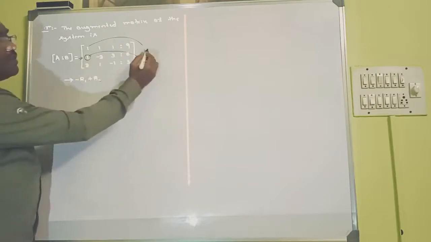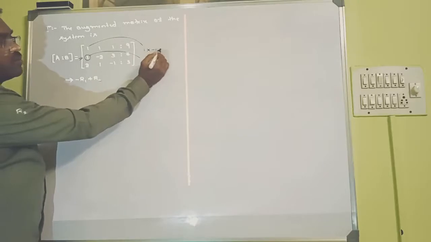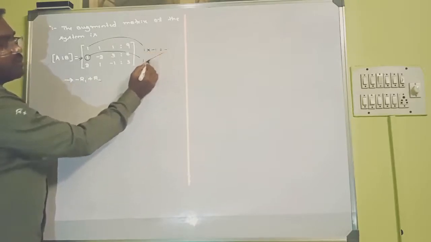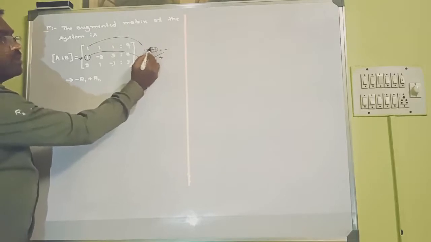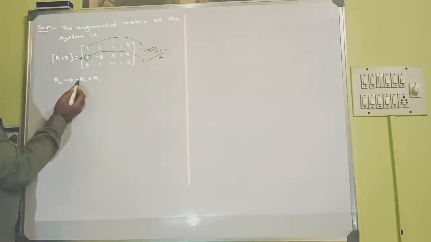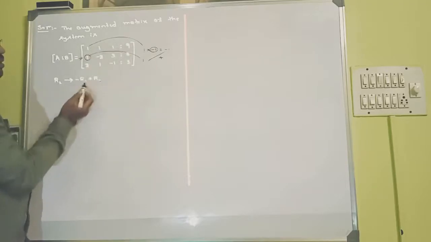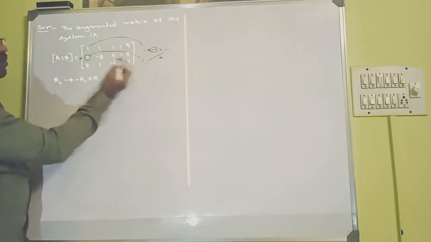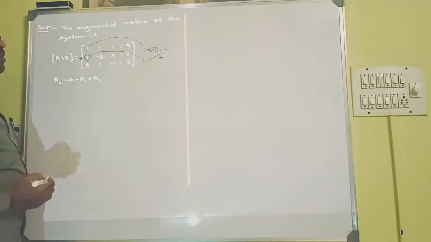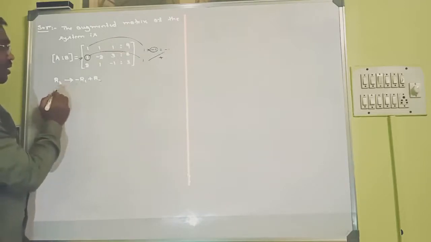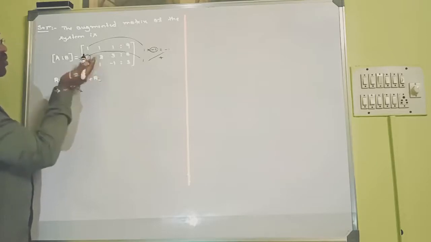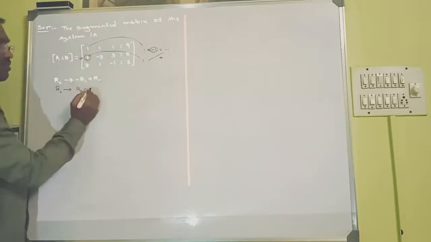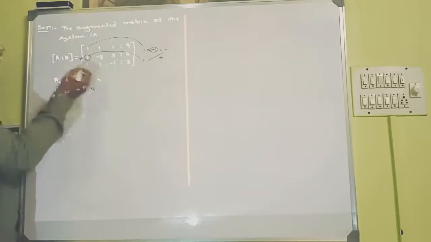Here they have multiplied this 1 by minus 1 so that you get minus 1. Then they have added. That means multiply R1 by minus 1, then add with R2 elements. You can write this also as R2 changes to R2 minus R1. In this way also you can write.